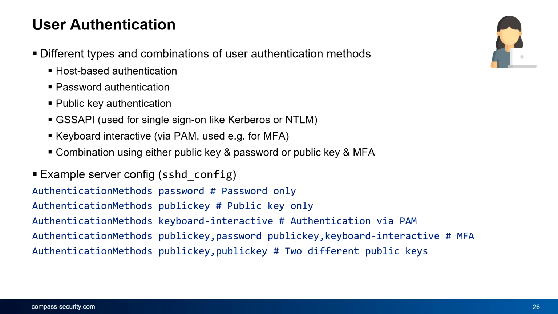So these are two methods how you can implement MFA. Other things would also be possible, like public key, public key. This would mean that you have to authenticate using two different public keys.